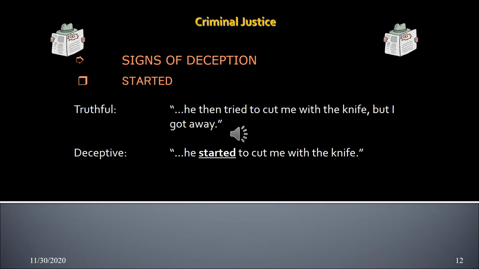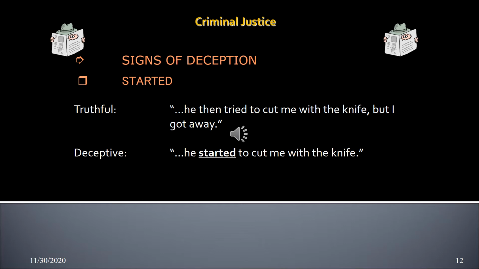So I wanted to reinforce the started aspect, because started is one of those beacon words that if you see it in a statement, you have to analyze that portion of the statement clearly to make sure that it is accurate still. Right? So the truthful statement: he then tried to cut me with the knife, but I got away. Deceptive statement: he started to cut me with the knife. So once again, when we are recalling the past, it's something that's already occurred.